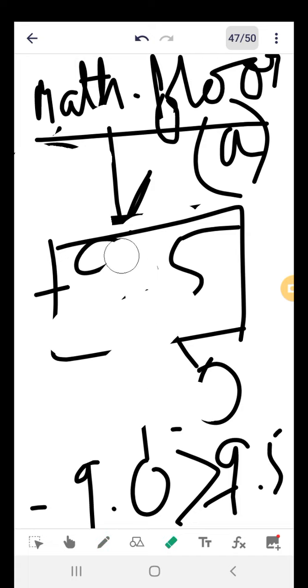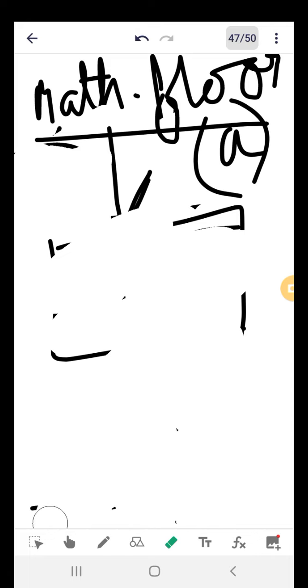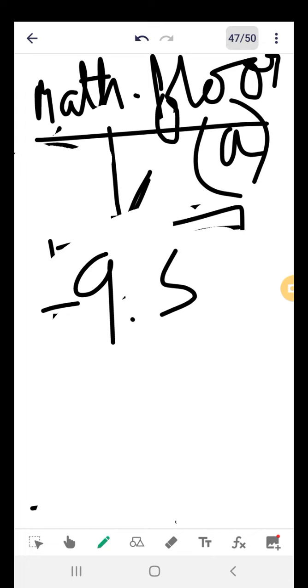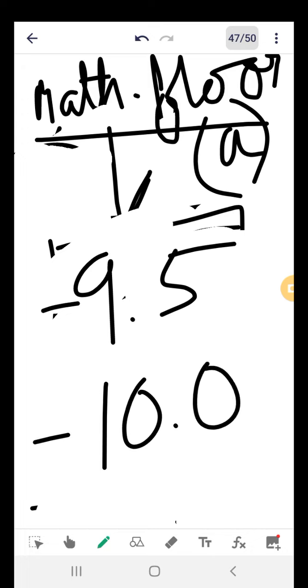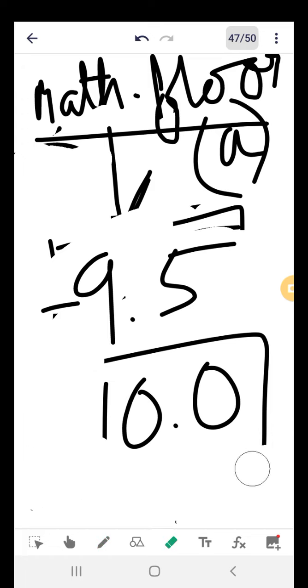So obviously the answer will not be minus 9.0 this time. When it comes to minus, it is a little complex, but actually nothing complex. When it is minus 9.5, it will be minus 10.0. Obviously minus 10.0 is smaller than minus 9.5, so it will return minus 10.0.